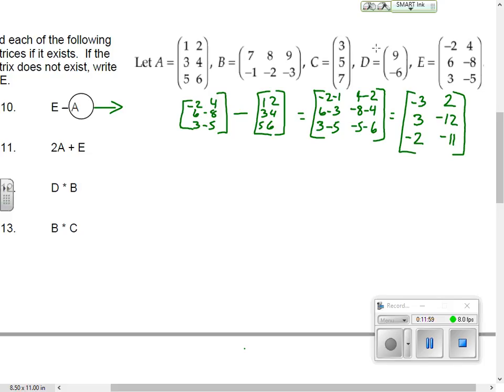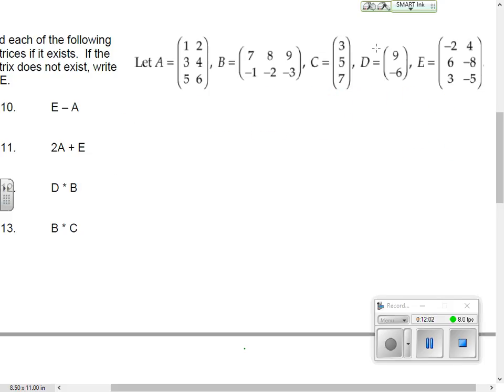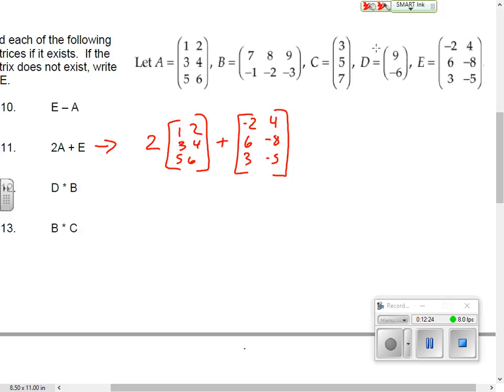Let's go to number 11. 2A plus E. Okay, 2 times matrix A, 1, 2, 3, 4, 5, 6, plus matrix E, negative 2, 4, 6, negative 8, 3, negative 5. 2 times matrix A is going to become 2, 4, 6, 8, 10, and 12.